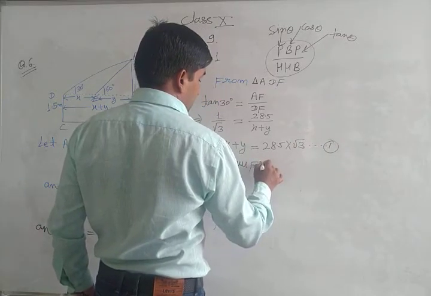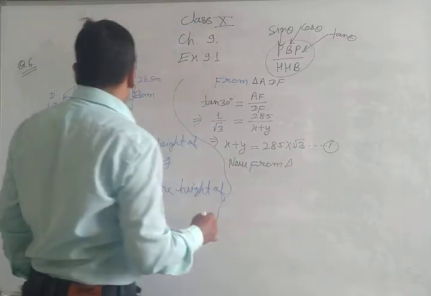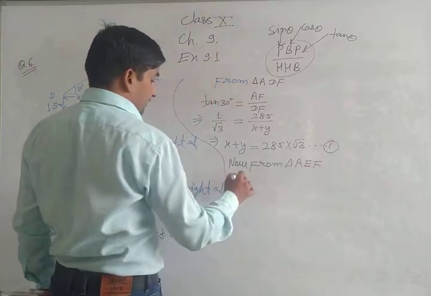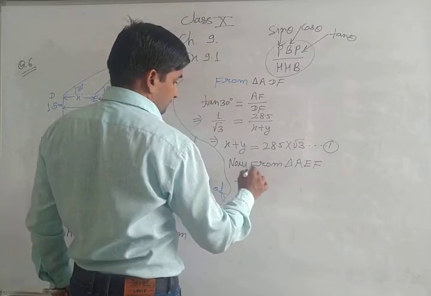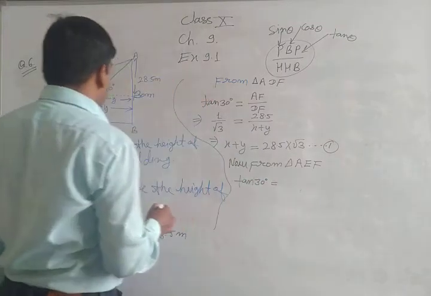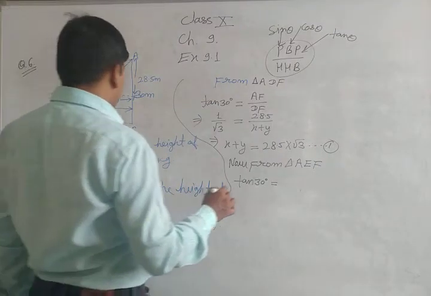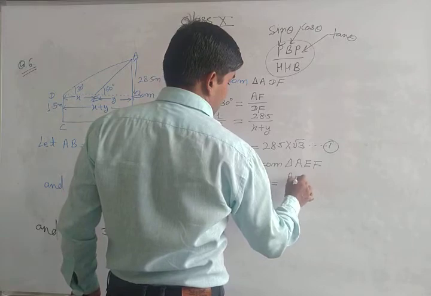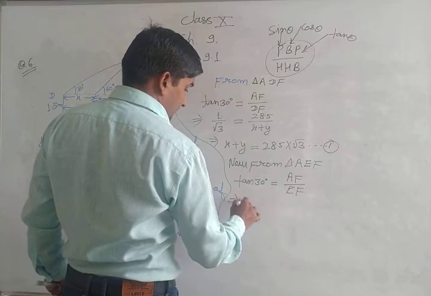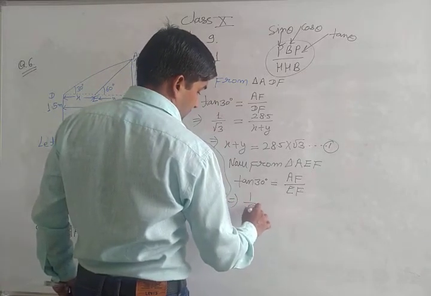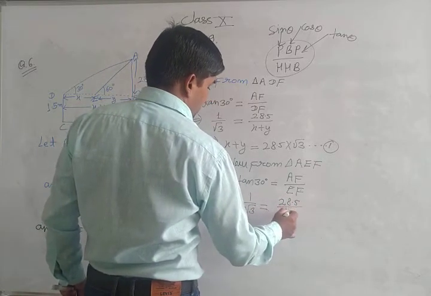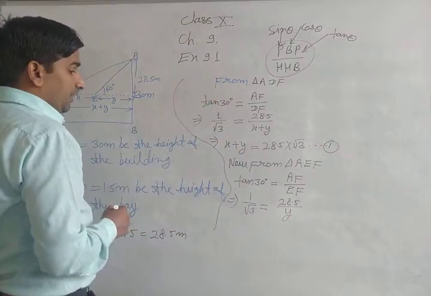Now from triangle AEF, similarly we solve tan 30 degrees. Tan 30 equals AF upon EF. It implies that tan 30 value is 1 upon root 3 equals AF, which is 28.5, upon EF, which is y.